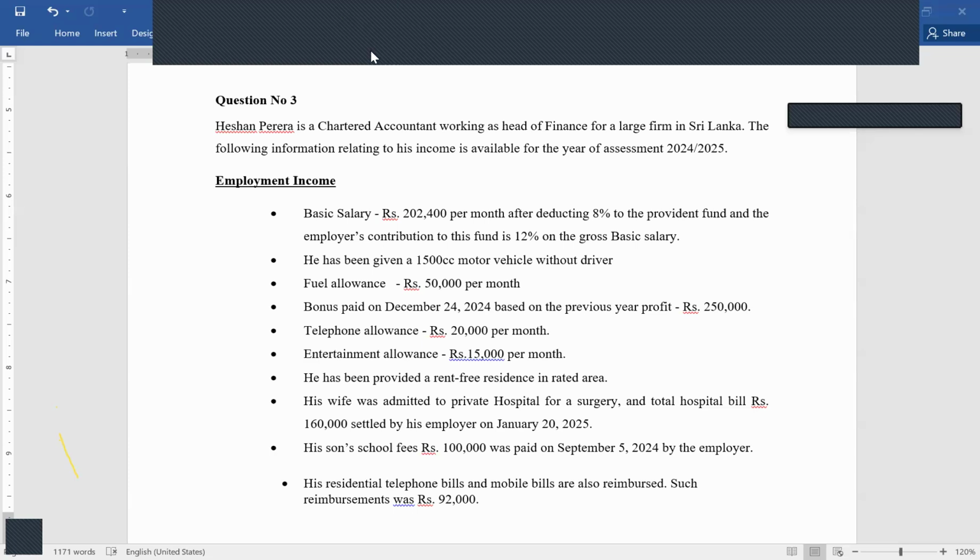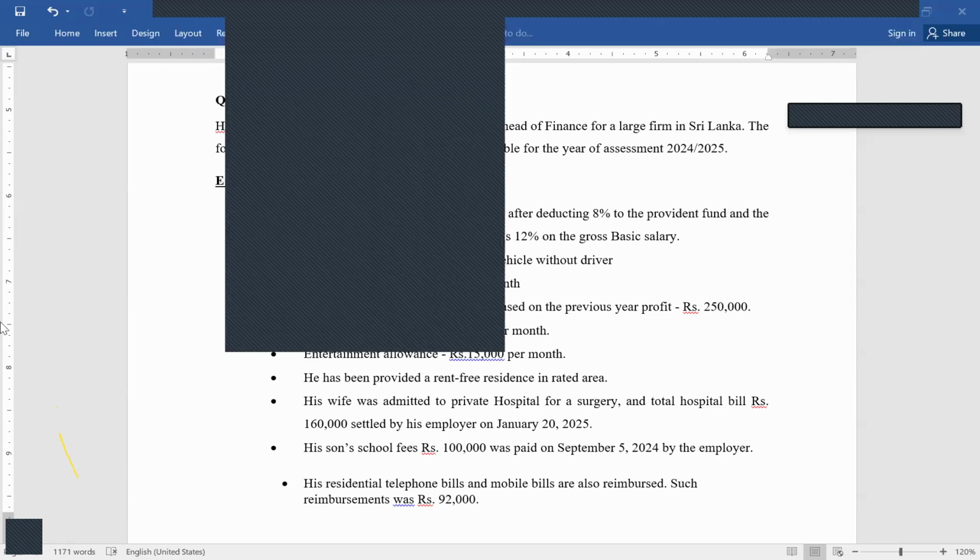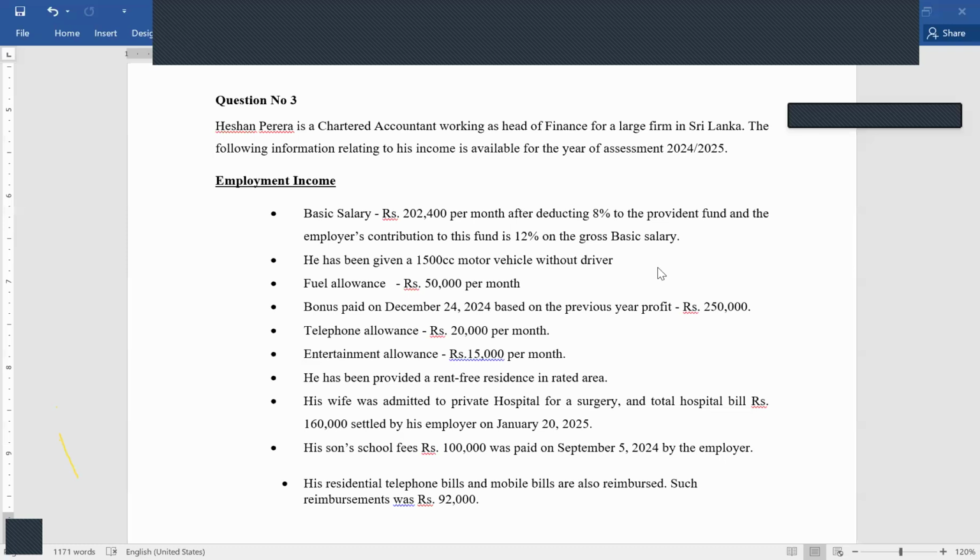Yes, even though that is based on the previous year profit, we received it during this year of assessment. So we have to consider the cash basis for employment income, and we have to consider that bonus for this year of assessment.